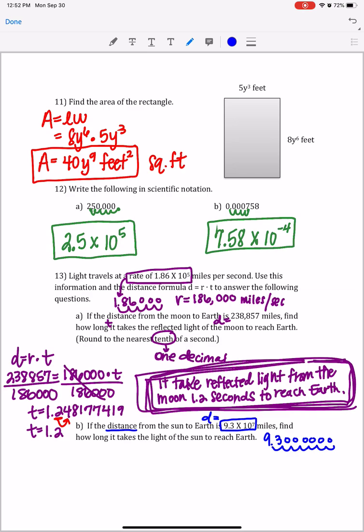So my distance is 93 million. So use your same formula and your same rate.